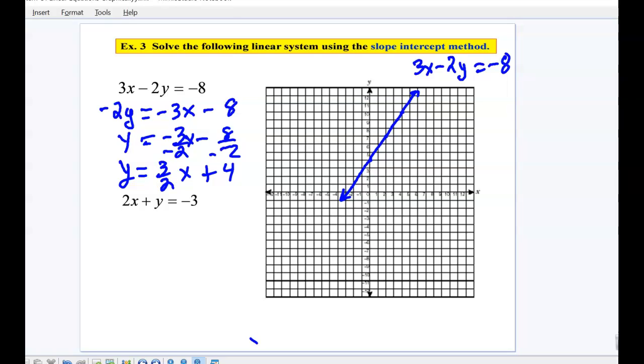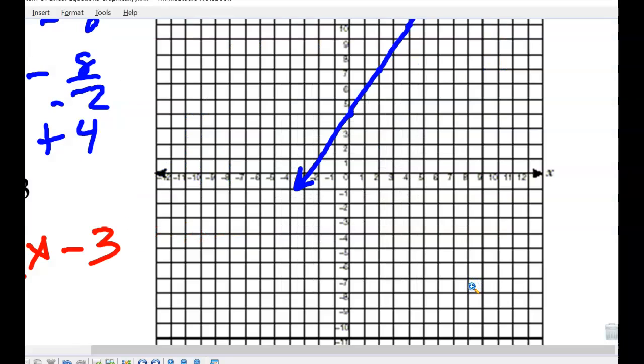In the next equation, this one's pretty straightforward. All I do is I subtract 2x to the other side. Remember, this is really 2 over 1. So my y-intercept is negative 3, and my slope is negative 2. So I start with my y-intercept of negative 3. And my slope, I'm going to go down 2 over 1, down 2 over 1.